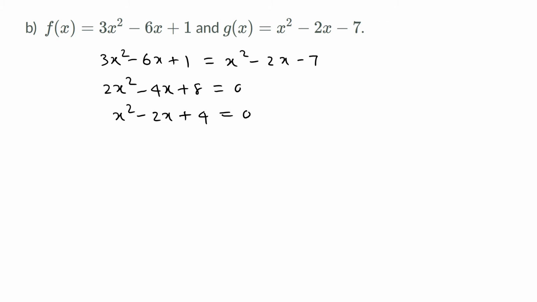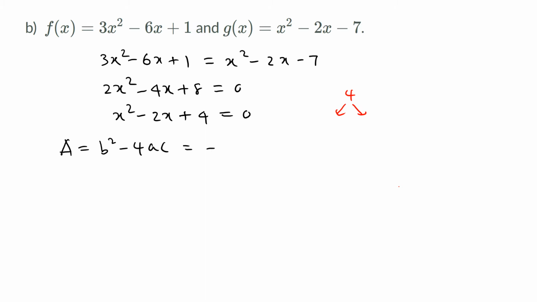And then you can see that it's not factorable, because what you need is two numbers that, when you multiply, you should get 4, and when you add, you should get −2. And you can see that there are no such numbers. So let's look at the discriminant, which is b² − 4ac.